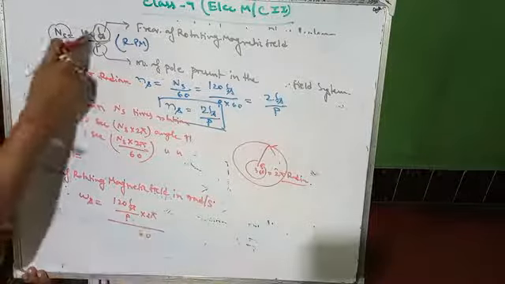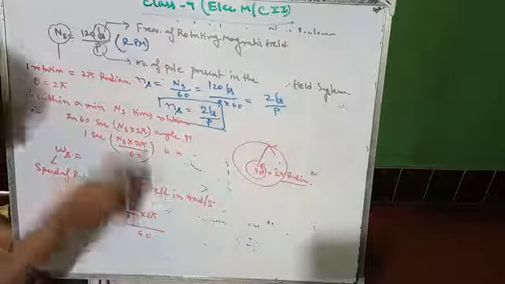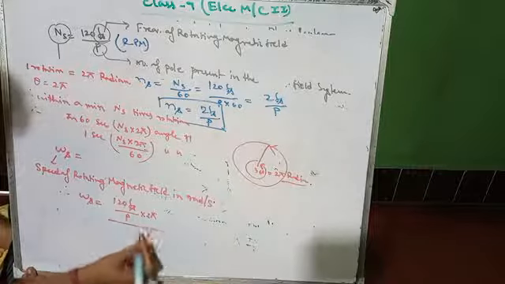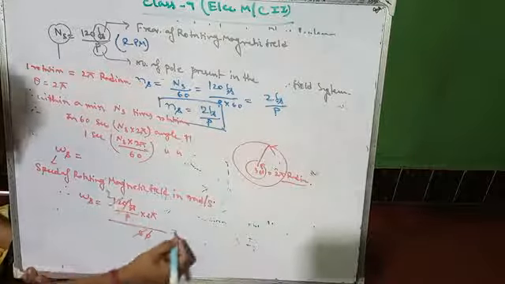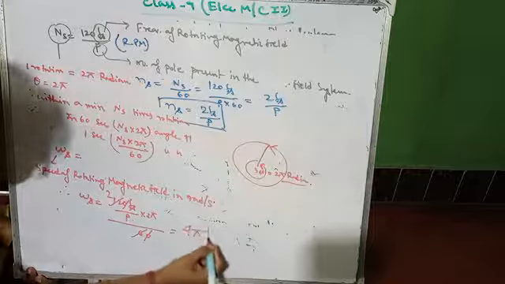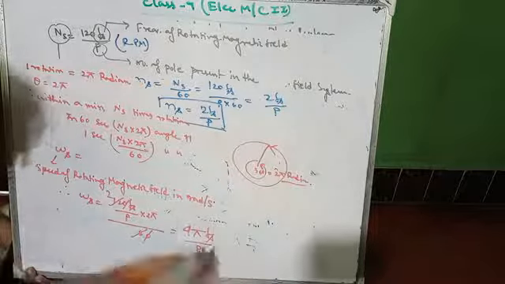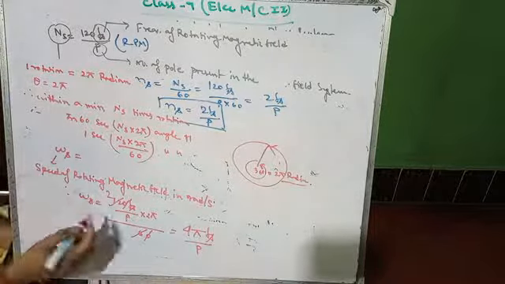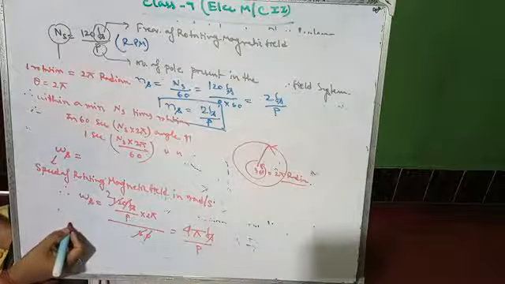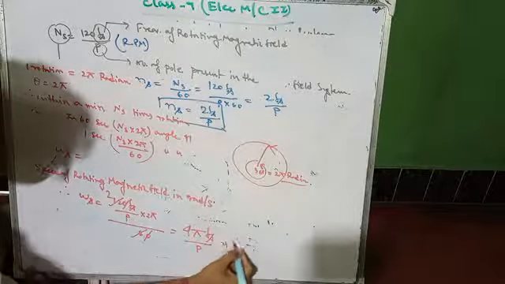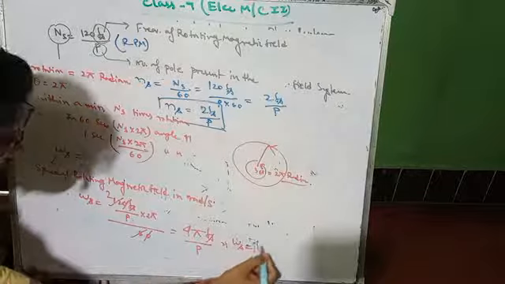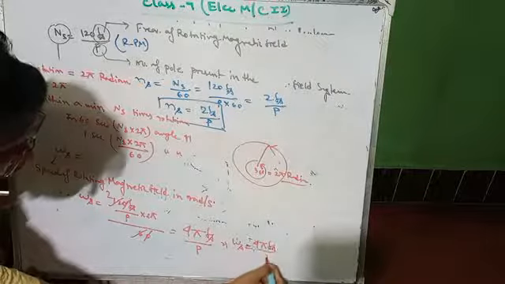Just putting the formula of ns over here, the zeros cancel out, 6 cancels 2, and we get 4 pi fs by p. So another formula is omega s equals 4 pi fs by p.